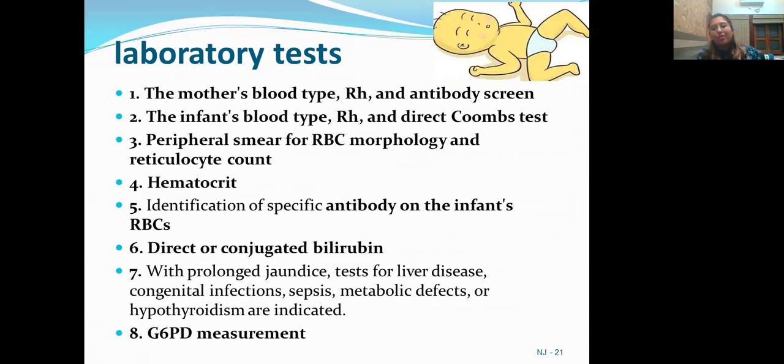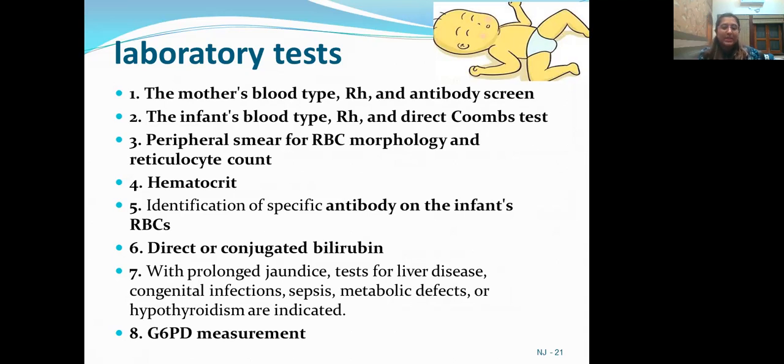Then next we look at the peripheral smear for RBC morphology, to look for hereditary spherocytosis, and the reticulocyte count, which helps us towards any of the hemolytic anemias. Then the hematocrit, because of polycythemia, or it would also indicate a hemorrhage.